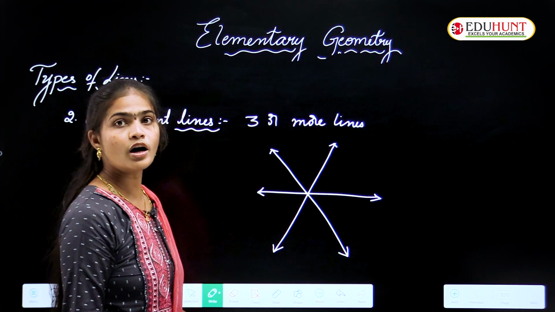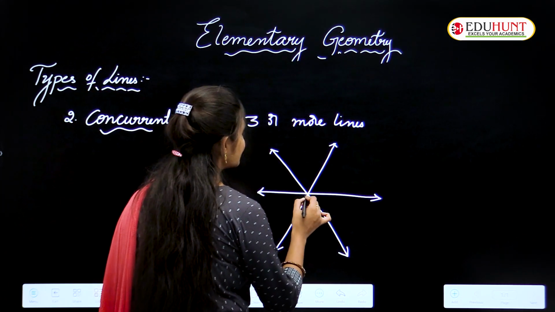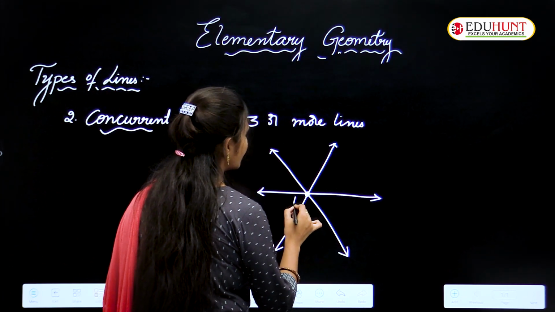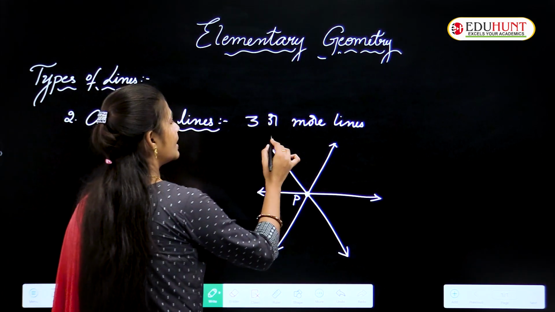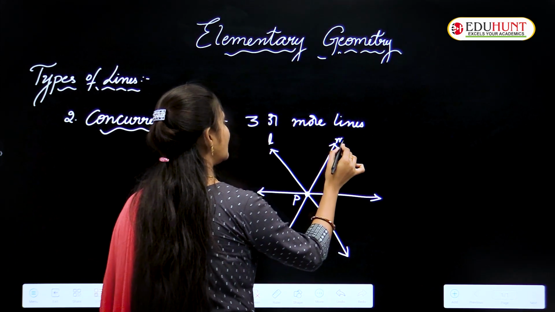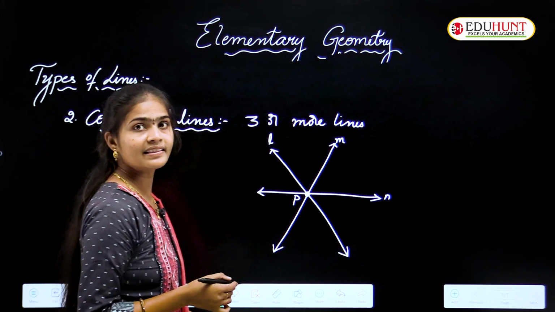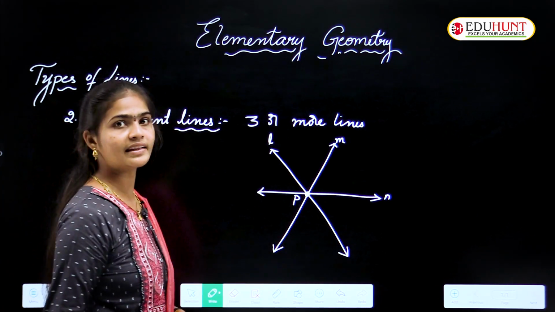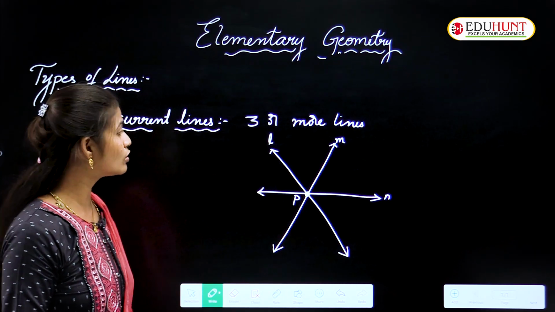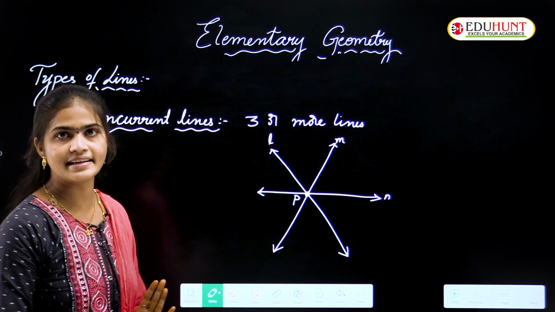Okay, we will call those lines concurrent lines. Here I am going to consider these lines as L, M, N. I am taking the three lines L, M, N and those three also pass through the same point, that is P. So we will call those three lines concurrent lines.